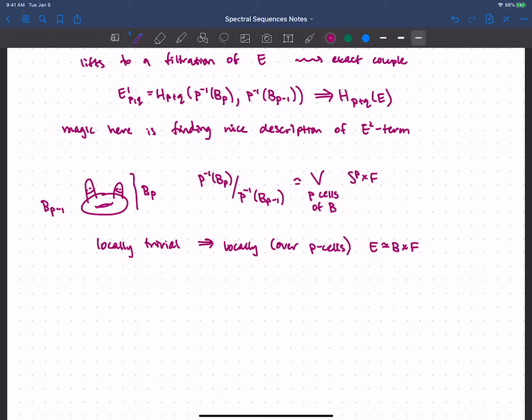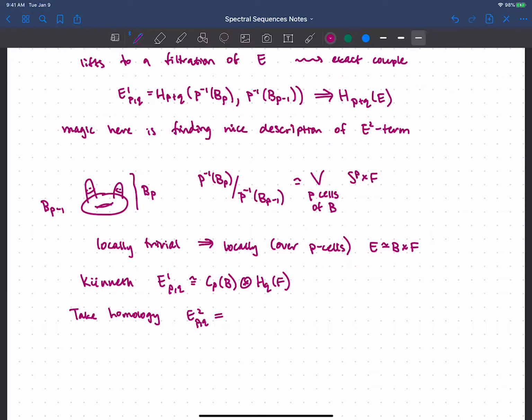Okay, so then what can we do? Well, we found this filtration of E, so we know there's a spectral sequence with this E1 page. How are we going to get to this E2 page? Well, the Künneth theorem tells us that this E1 page, where we were looking at these relative homologies, really just looks like the chains on B tensored with the homology of F. Okay, so now when we take homology to get to the E2 page, what are we going to see?